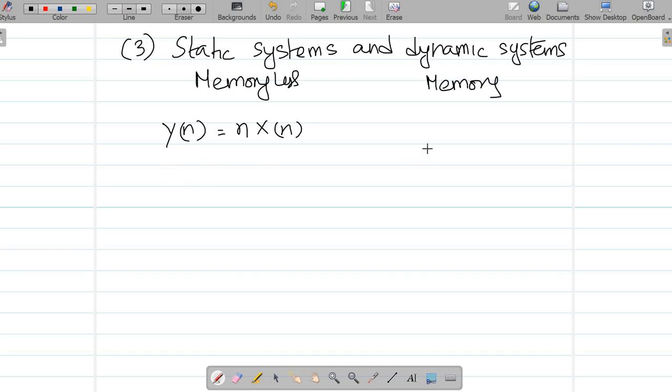So let us see what a dynamic system is. Let me take an example: y of t is the differentiation of x of t, d by dt.